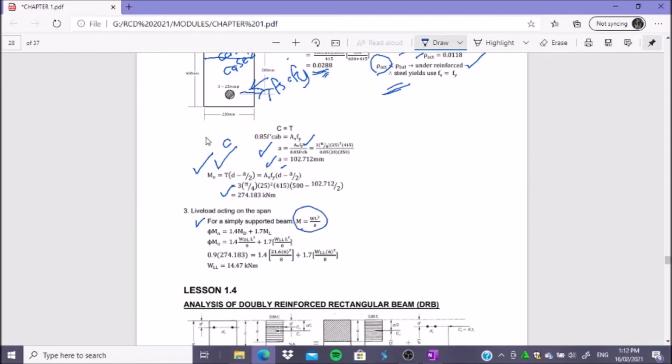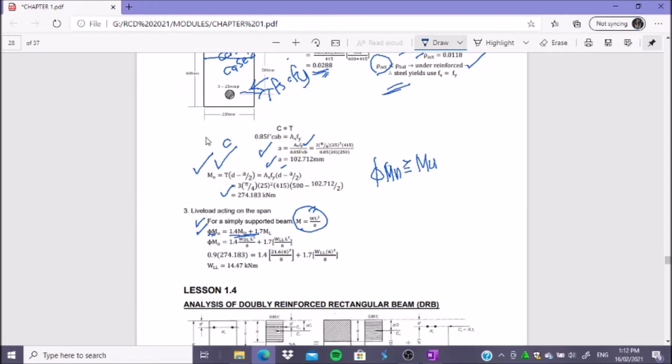Even in strength design, you already know that. Our requirement here is phi Mn must be equal to Mu. The safety requirement should actually be greater than or equal.